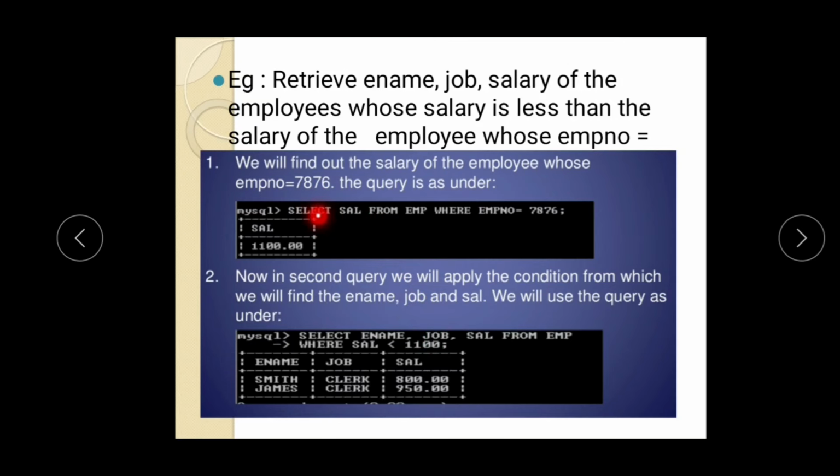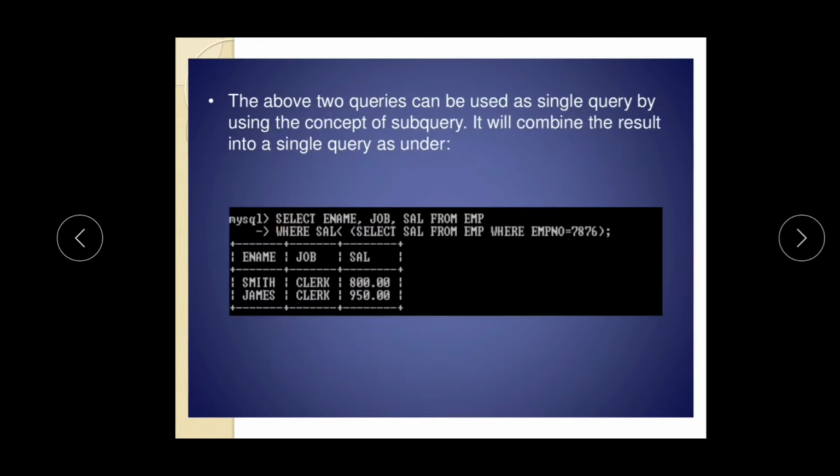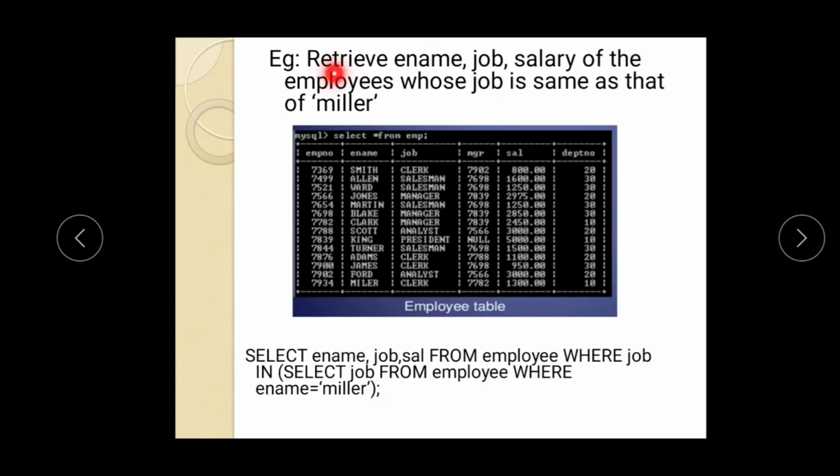We can combine these two queries into a single subquery like this: select employee name, job, salary from employee where salary less than, here the operator is less than, the inner query. What is the inner query? Select salary from employee where employee number equal to 7876. So this is called a single row subquery. This is an example of a single row subquery.